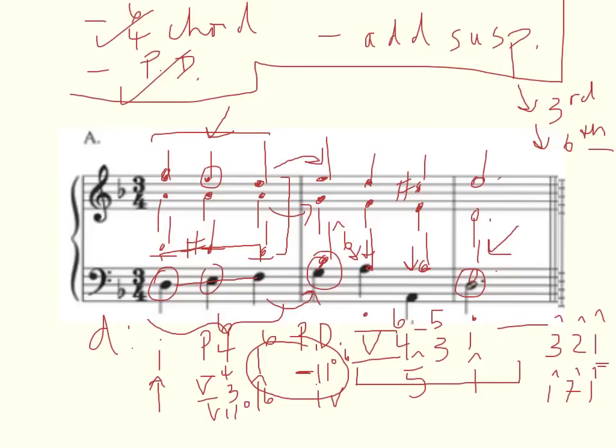I see a 3rd above the bass, and if I changed my tenor line to add a seventh to the 5/7 chord, I could get to that third above the bass by a step. And so I'm going to add a 4/3 suspension here so that G is held over and then resolves to the F. The F got delayed just a little bit.